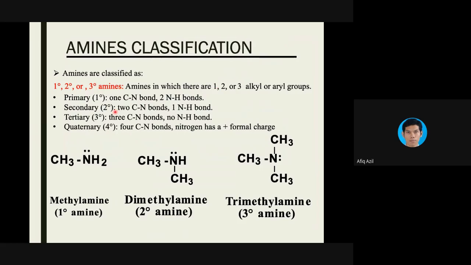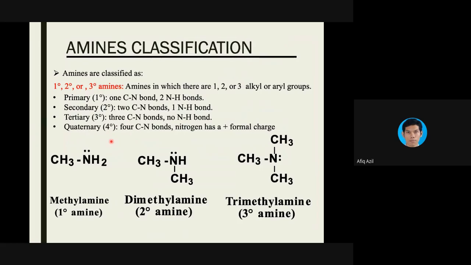Primary amines contain 1 CN bond and 2 NH bonds, while secondary has 2 CN bonds and 1 NH bond, and tertiary contains 3 CN bonds and no NH bond.